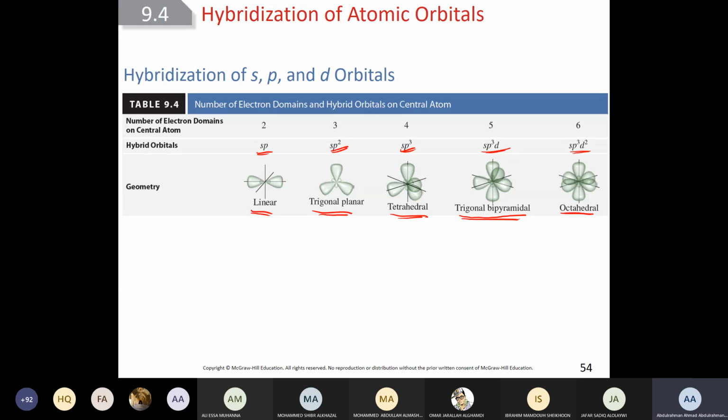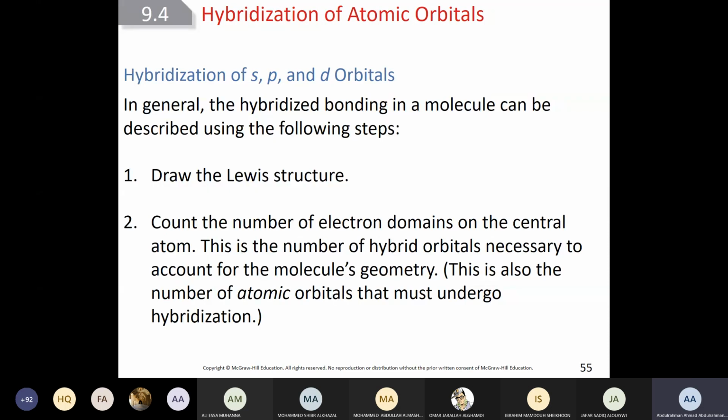Did we see these names before? Yes, those are the names that we use for electron domains. Remember electron domain? I hope it is clear, and we took this before.